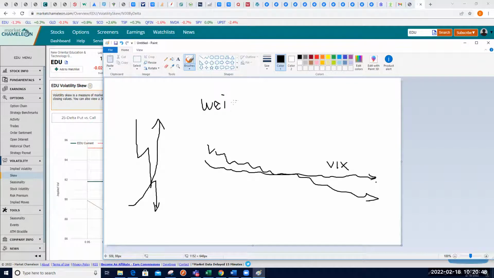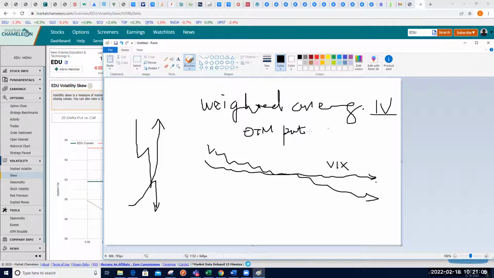It's a weighted average of the implied volatility of the out-of-the-money puts of the whole market. For example, VIX is the out-of-the-money put implied volatility of the S&P 500.